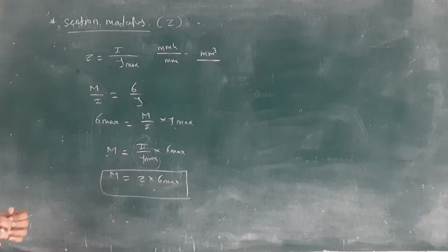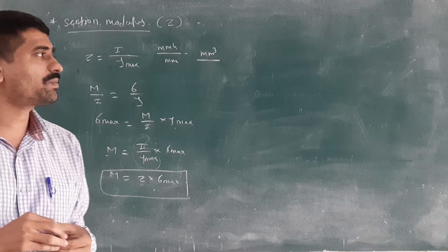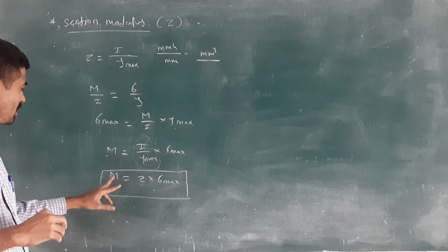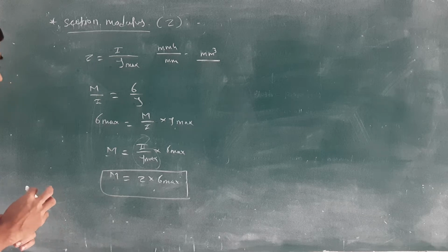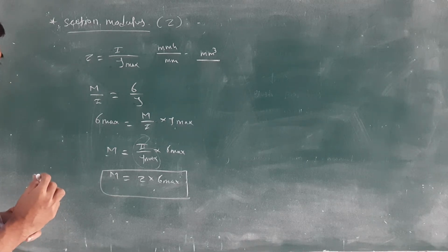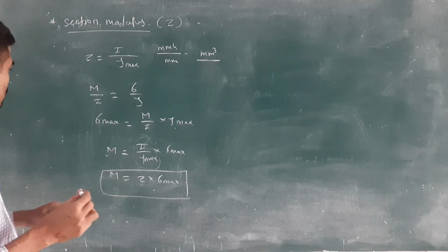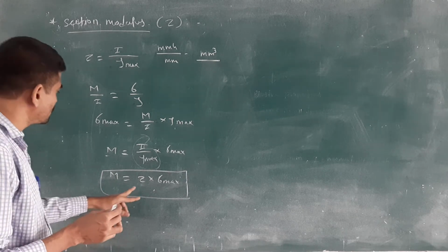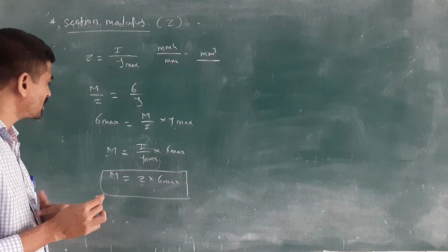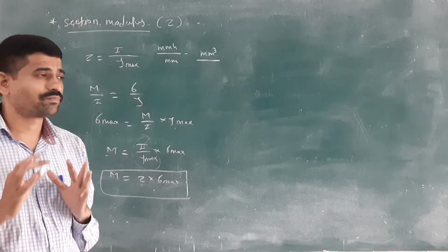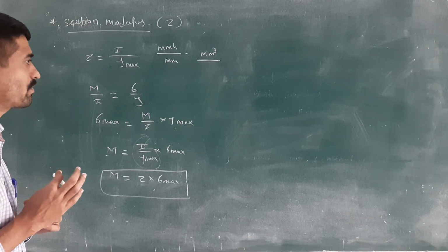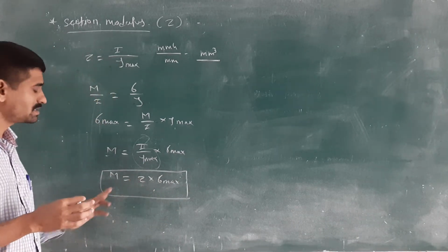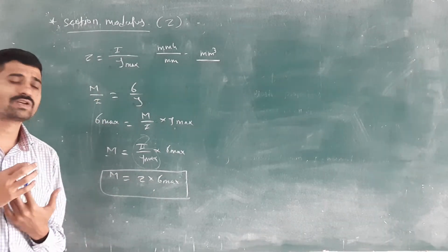Then M is nothing but the moment of resistance. So M is equal to Z into sigma max. This Z represents the strength of that section.